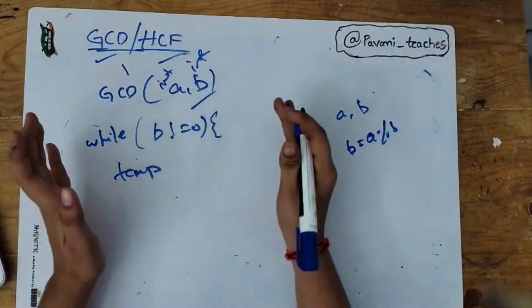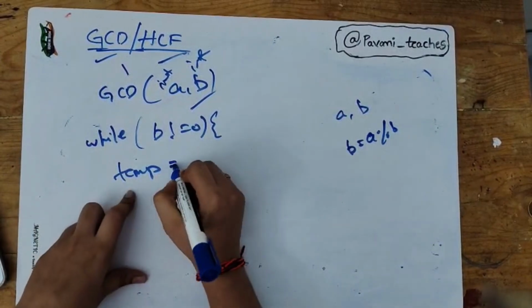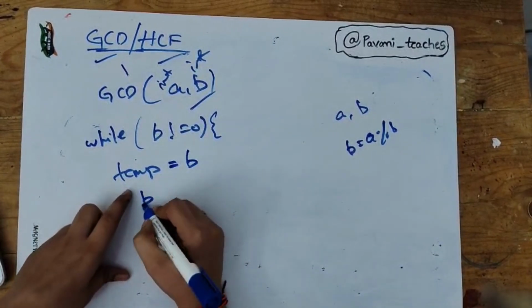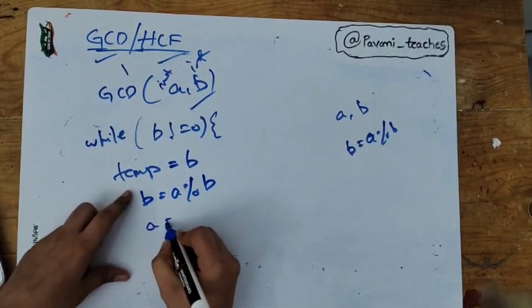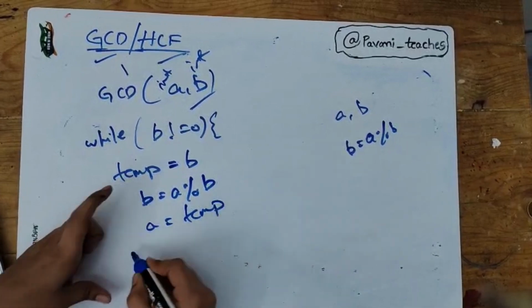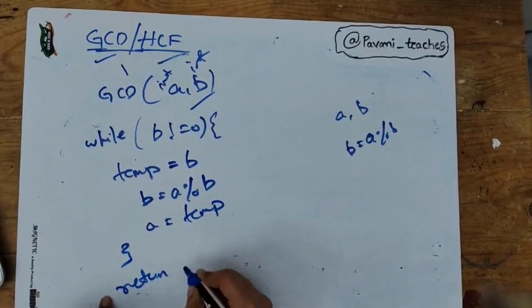I'll write the code first, then explain with the iteration part. Temp is b, and b will become a modulo b and a will become temp. Then if this condition is false, it will return value a.